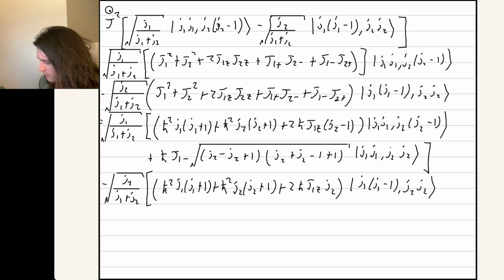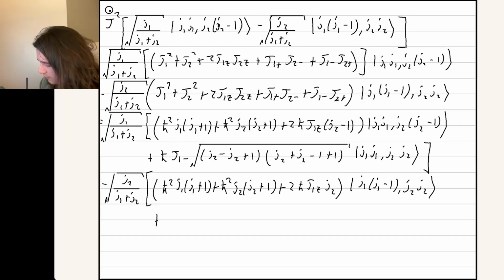And then for the raising and lowering operator bit, you're going to have a j2 plus on the fifth term. j2 is already the maximum value of m2, so we don't have to even worry about this part. It's going to go to 0, but we do have to worry about the fourth term for this one.